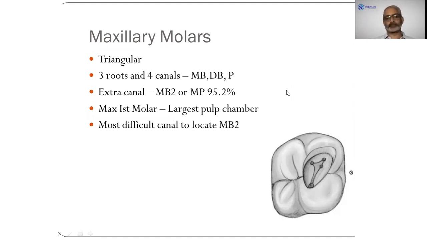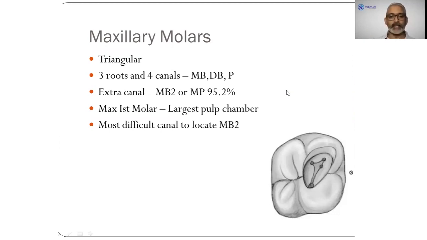Mainly because the maxillary molar has 3 roots, and with 3 roots it generally has 4 canals. How come 3 roots and 4 canals? The mesiobuccal root of the maxillary molar is flat, and so this flat mesiobuccal root can contain 2 canals at a time, and that is your MB1 and MB2. And you might ask me whether this MB2 is that important.